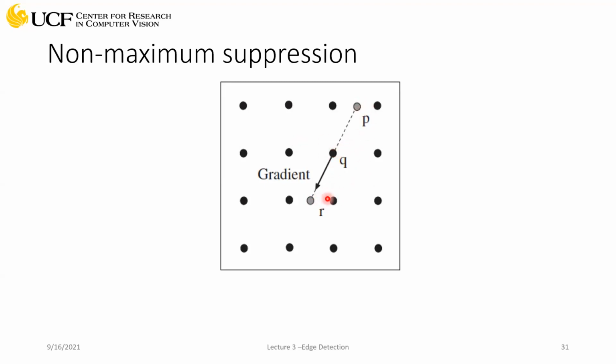If the magnitude is greater than both, we preserve this value. We say this is an edge in case of edge detection, or in object detection, that the object is present here. But if the magnitude is smaller than either of the two, we ignore it and say it's not an edge. We are suppressing this pixel location if it's not the maximum. Whenever a pixel location is non-maximum, we suppress it. That's why it's called non-maximum suppression.